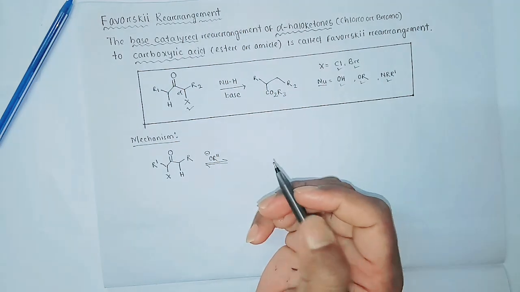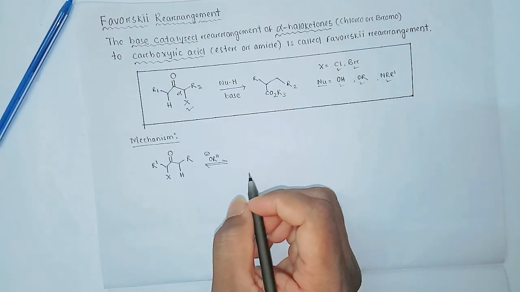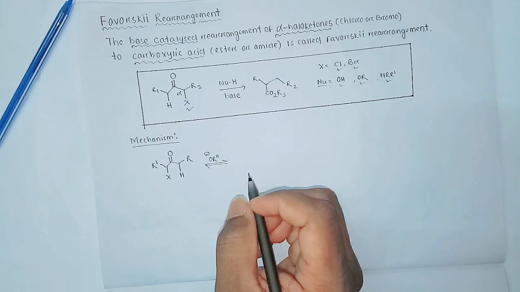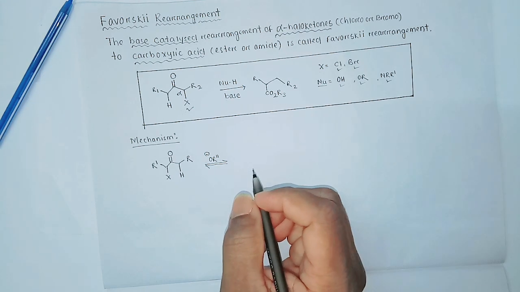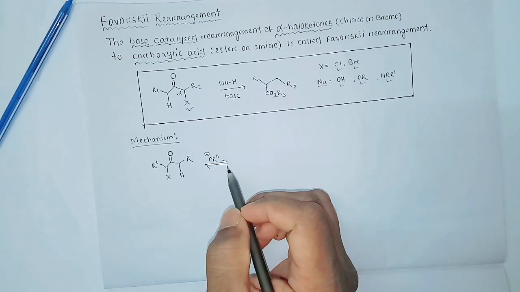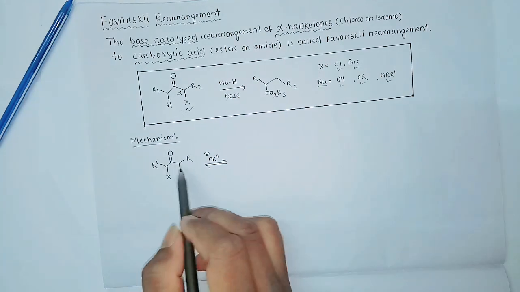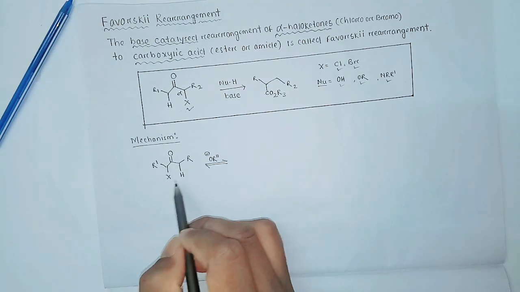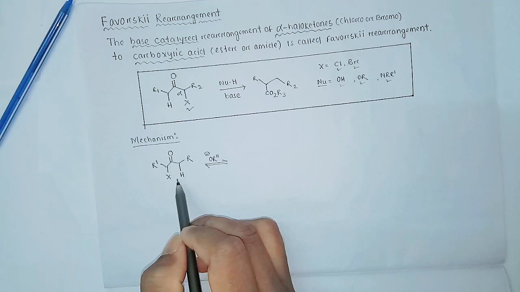We know that bases are generally attracted to the H plus ion, so bases accept protons. Which proton will be removed from the alpha haloketone?